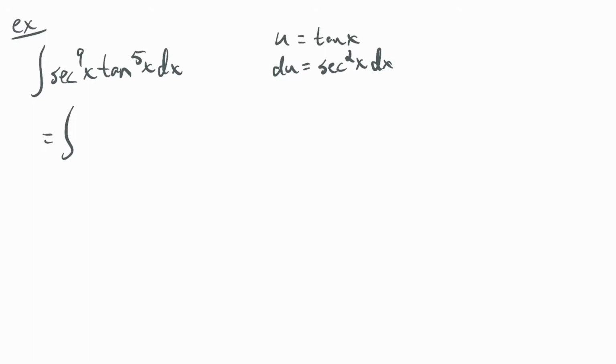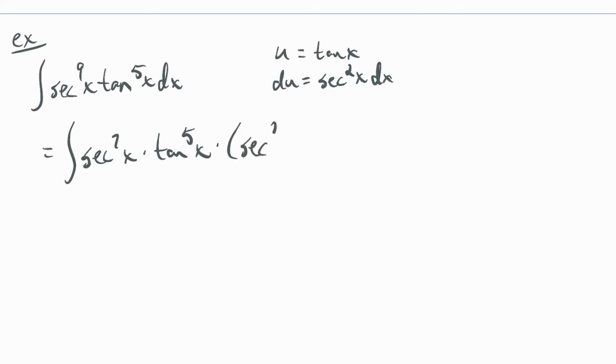So this would be the integral secant seventh power of x times tangent fifth power of x times secant squared, and we'll put this in parentheses even, secant squared x dx. Okay, so what we get is this. Here's dv, and here's du.